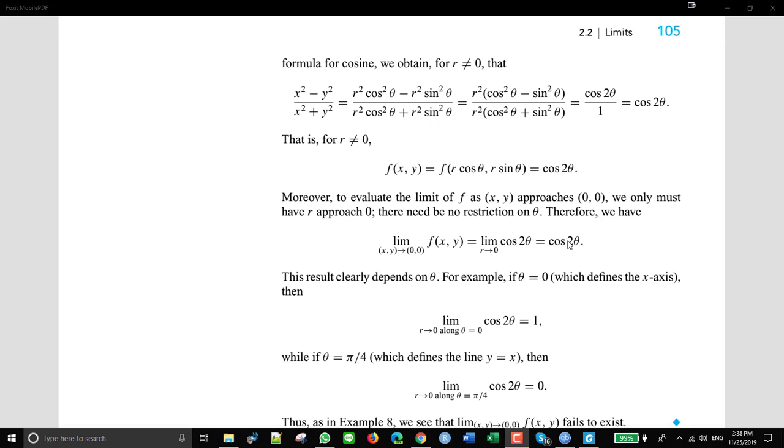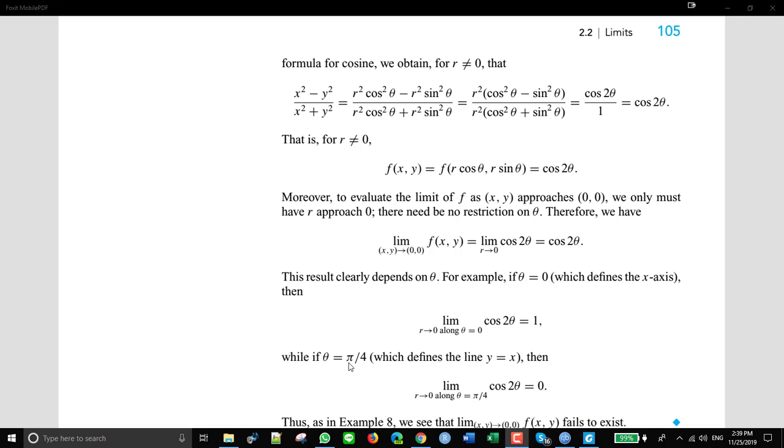That is, we found the limit is equal to cosine 2 theta, but when we're talking about approaching the origin along the x-axis, that means that theta is equal to 0. So in that case, it's the cosine of 0, which is 1, which is what we said. So at least for that one path, this seems to be correct.